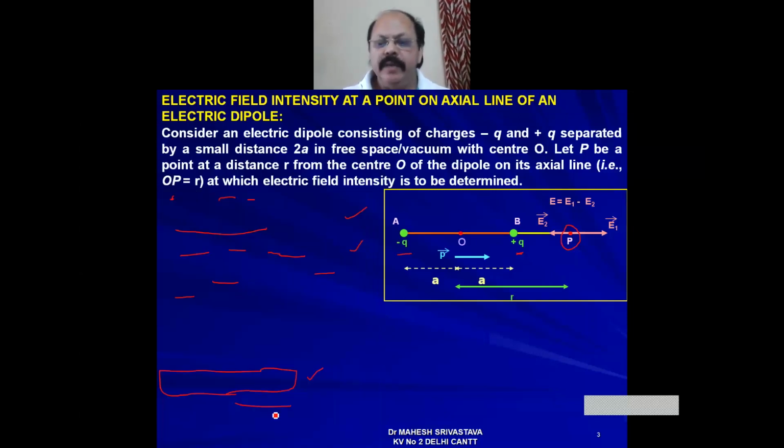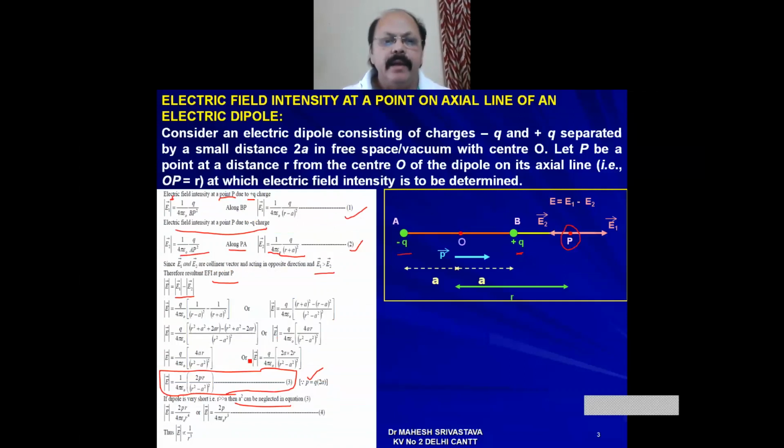Then the expression becomes |E| equals 2pr upon 4 pi epsilon naught r raised to the power 4. Then one r gets cancelled. Then the final equation becomes |E| equals 2p upon 4 pi epsilon naught r cube.